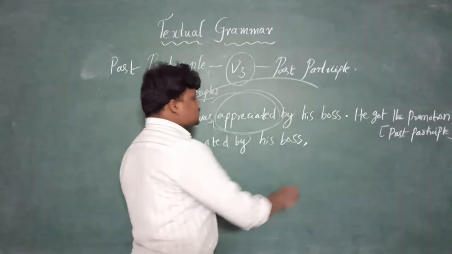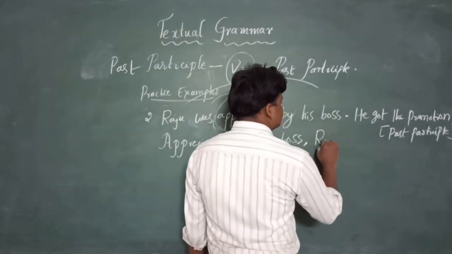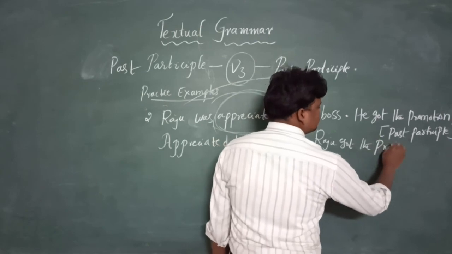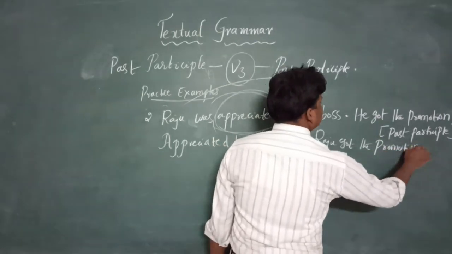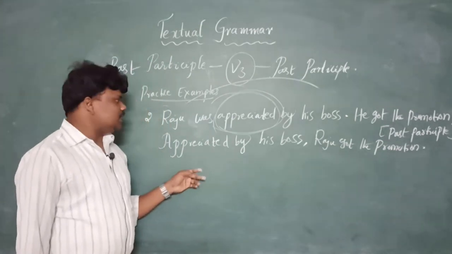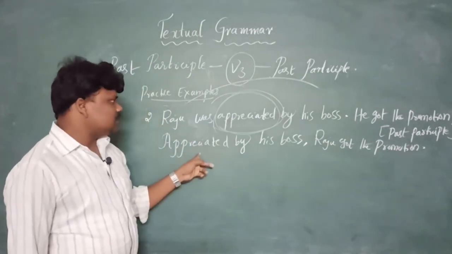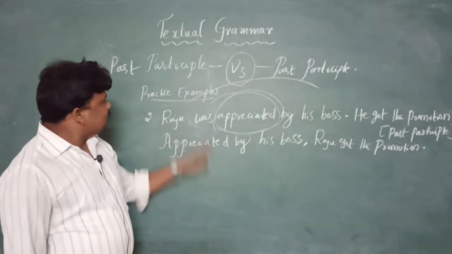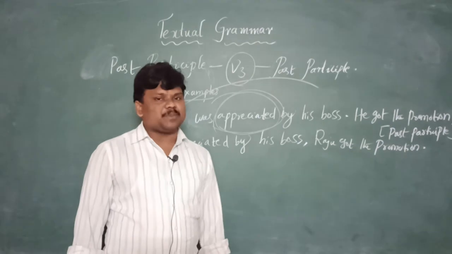Appreciated by his boss, comma, Raju got the promotion. Full stop. Very easy, my dears. Okay? Appreciated by his boss, the rest as usual. I hope you understand this past participle.